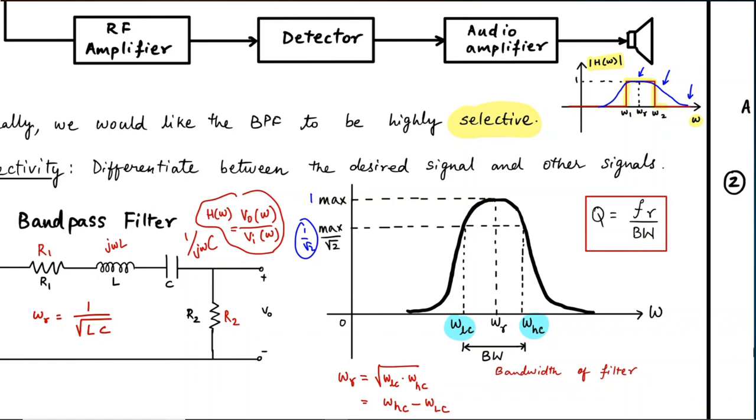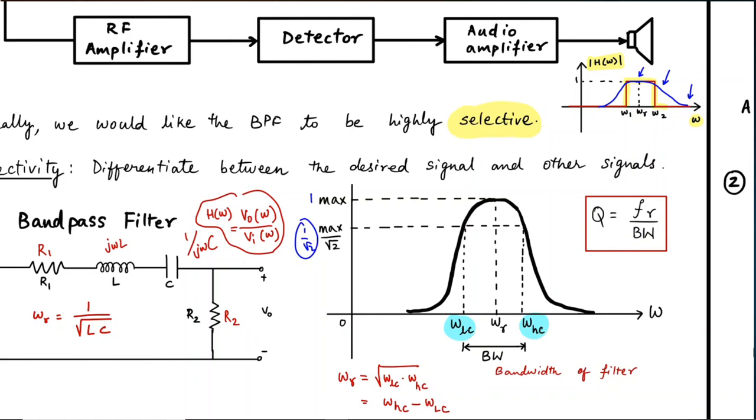And if you know the function H of omega and you know the value of the amplitude, 1 over square root 2, the frequencies for which the magnitude of the frequency response goes to 1 over square root 2 are going to be derived using a quadratic equation. You need to solve that to get two frequencies, omega_HC and omega_LC. So that's how you would analytically derive those two frequencies.